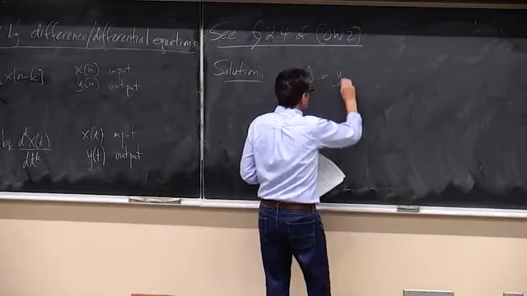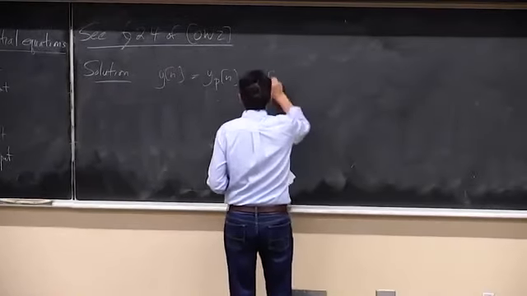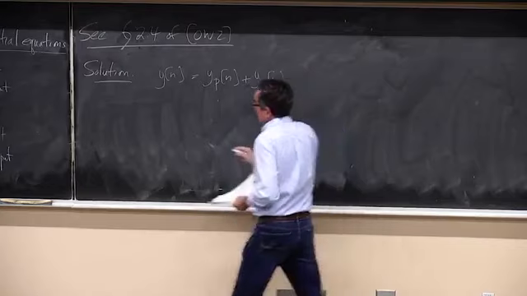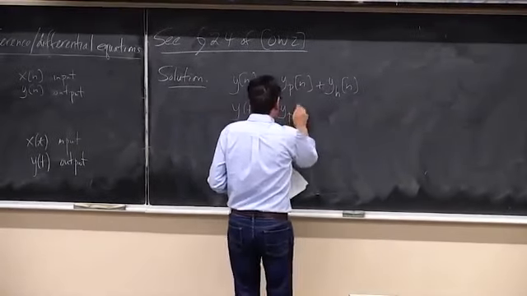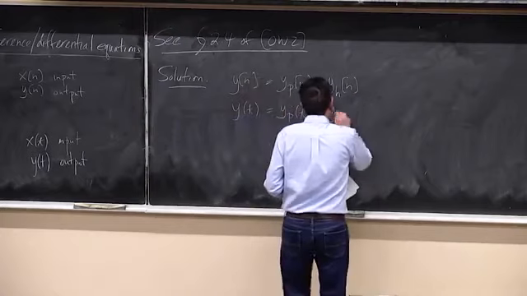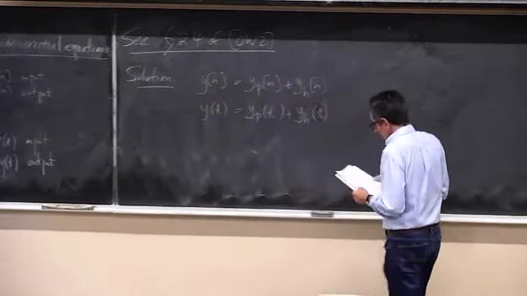Basically what they show is that you can represent the output as a sum of two signals. One is called the particular solution, one is called the homogeneous solution.